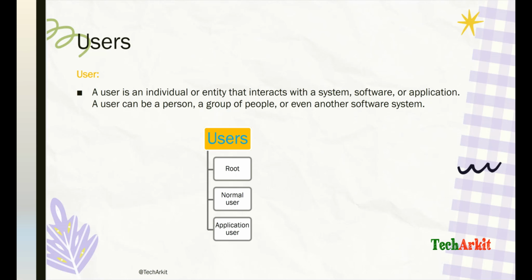The types of users you normally have on AWS are a root user account, a normal user account, and an application user account. The root user account is what you get whenever you create the AWS account, whether it is an organization account or a free tier account. With that account you can do anything on that AWS account, like providing access controls and billing access, everything.